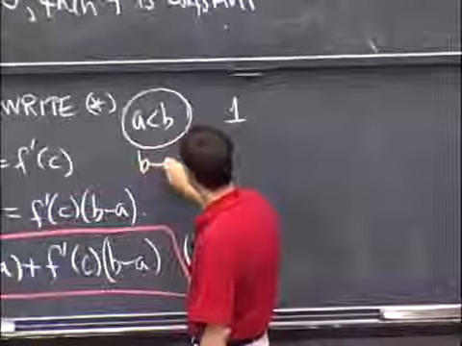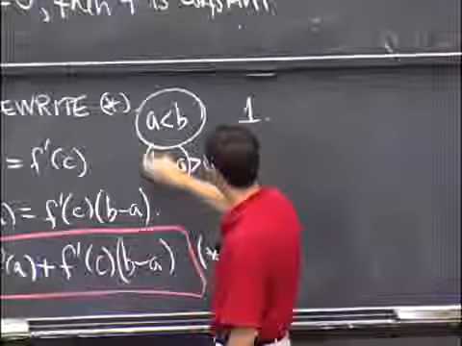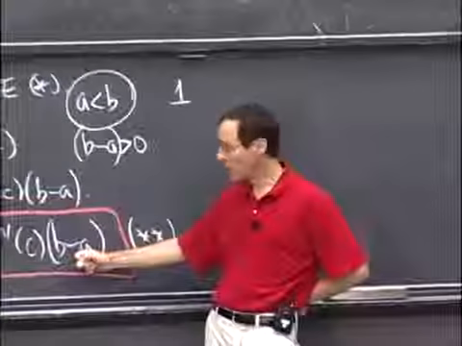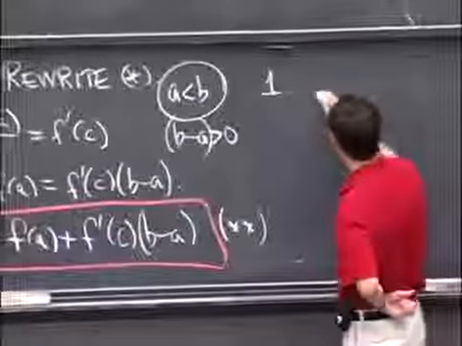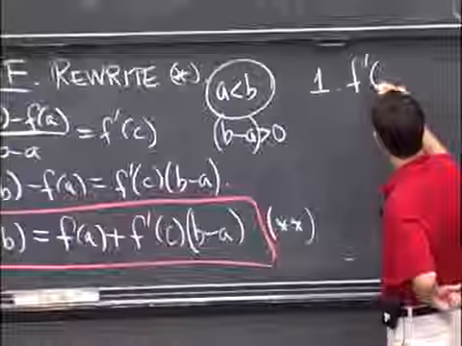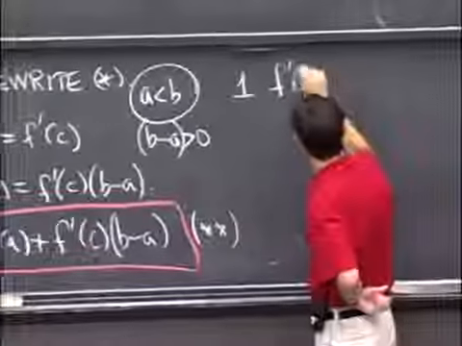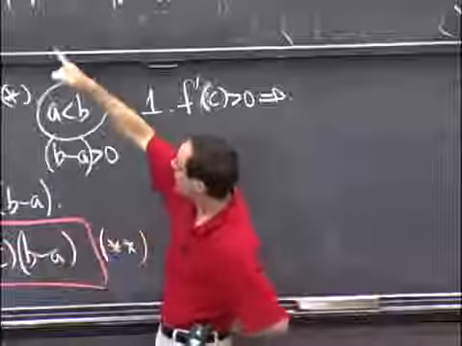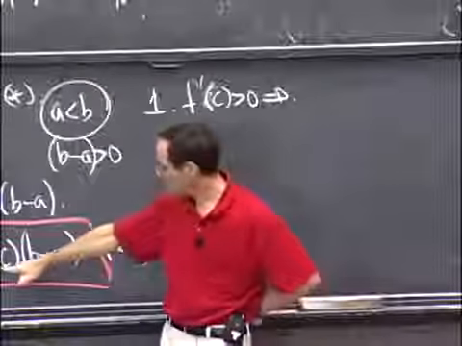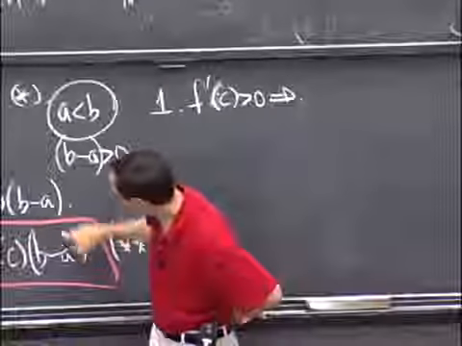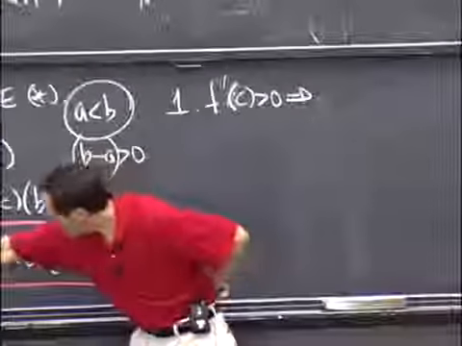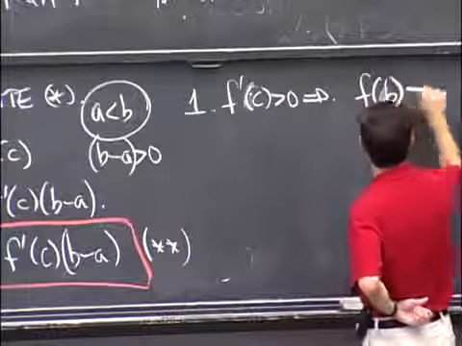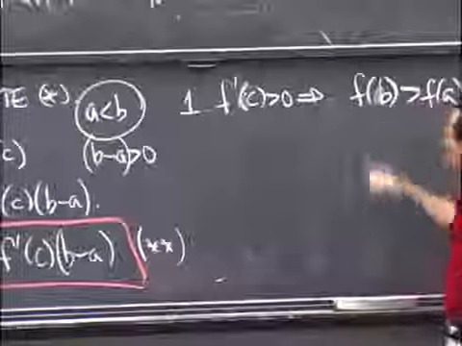And so that means that b minus a is positive, which means that this factor over here is a positive number. If f prime is positive, which is what happens in the first case, that's the assumption that we're making, then this is a positive number, and so f(b) is more than f(a), which means that it's increasing.